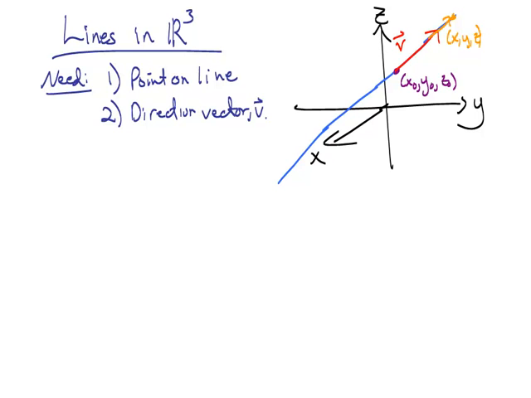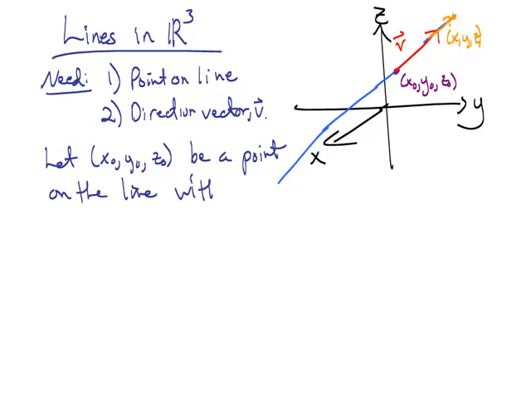Okay, so here's what we have then. I have my point on my line, x naught, y naught, z naught, be a point on the line, and suppose that line again has direction vector v.